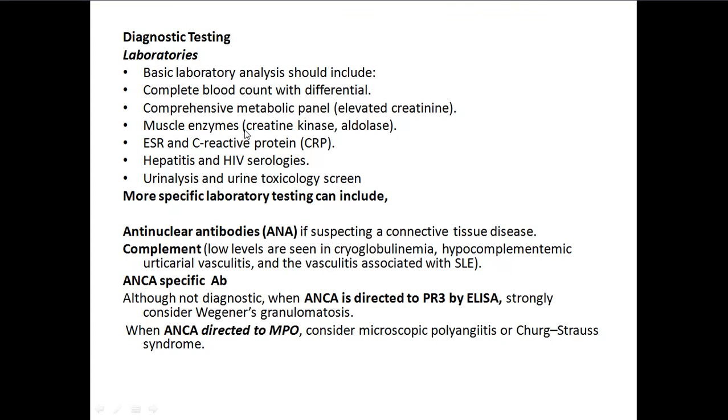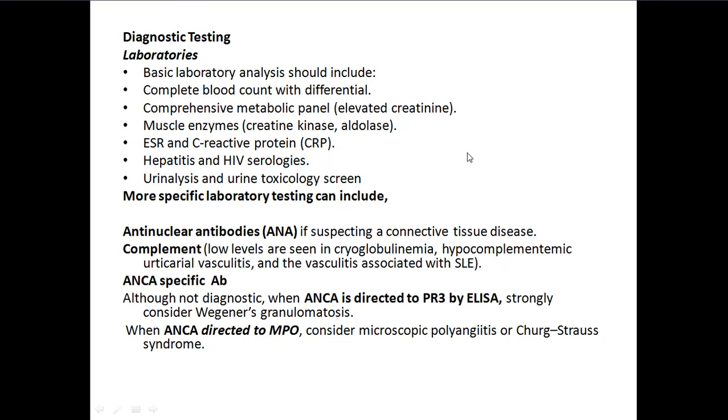And for diagnostic testing, the basic testing that should be included is a complete blood count, the comprehensive metabolic panel with creatinine levels and all, the muscle enzymes creatine kinase and aldolase, ESR, C-reactive protein, hepatitis and HIV serologies, urinalysis, and urine toxicology. These should be done when you are suspecting any vasculitis.